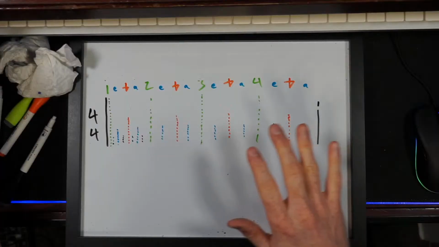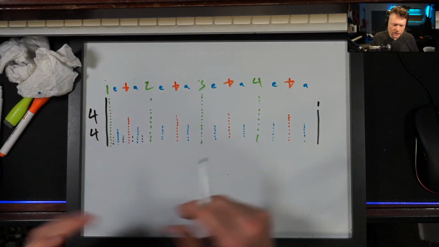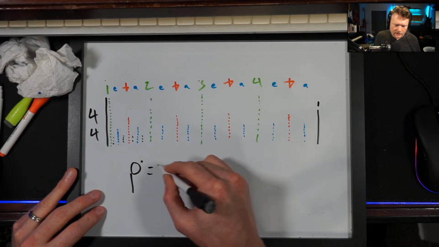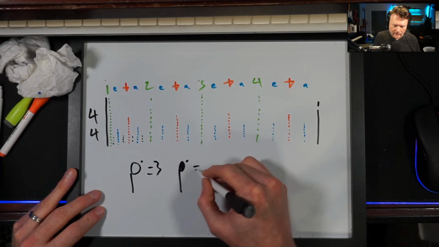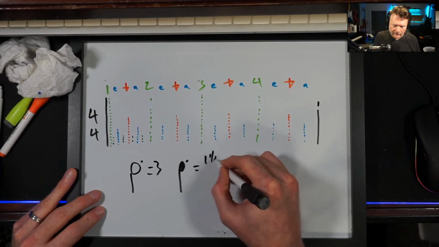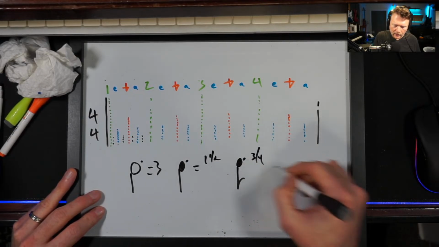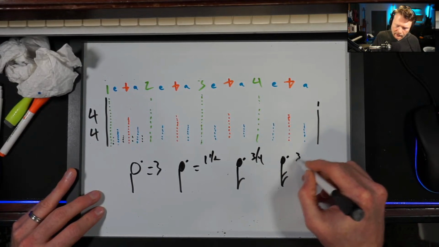So if you're confused about this, the first approach is you need to know the math. You need to know this is worth 3, this is worth 1.5, this is worth 3/4, and this is worth 3/8.